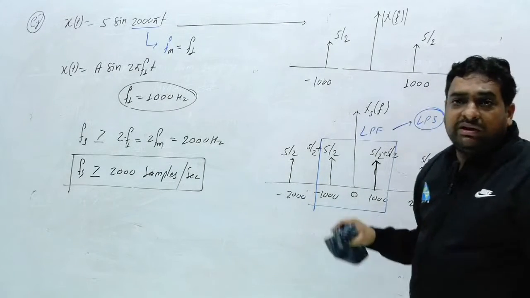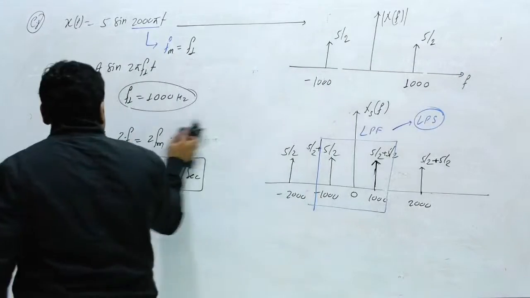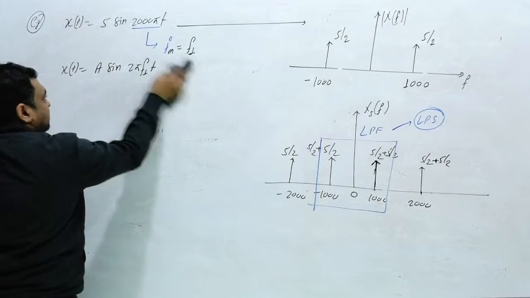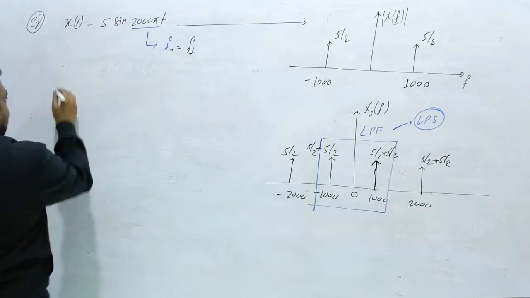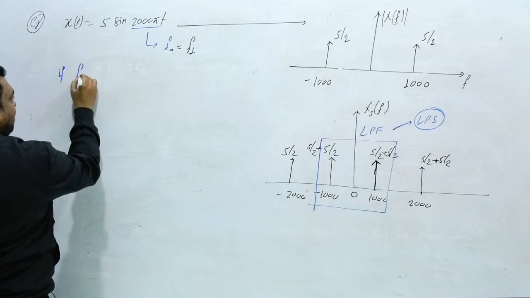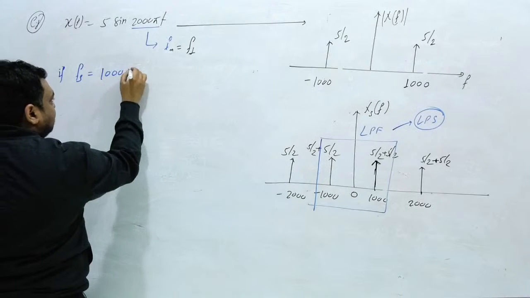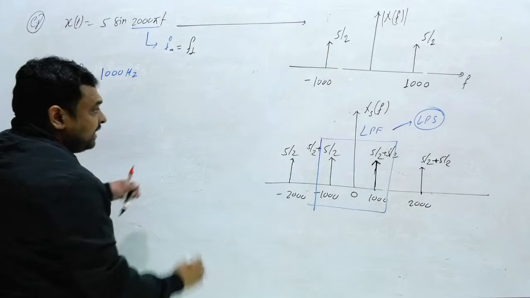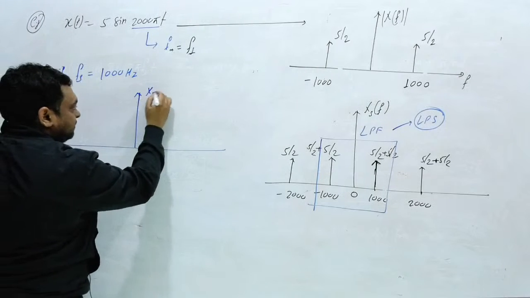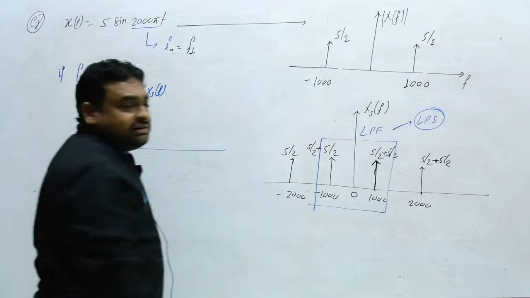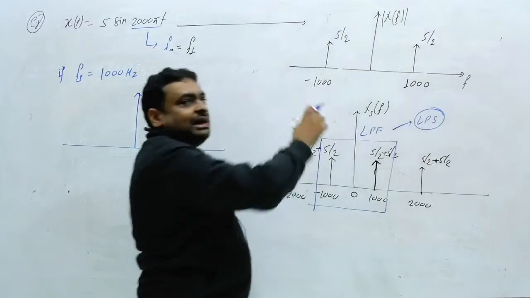Now we can assume, if the sampling frequency fs is 1000 hertz, then what will happen? What will be the excess of f? So this whole signal will be shifted 1000 right, 1000 left, 1000 right, 1000 left, like this.